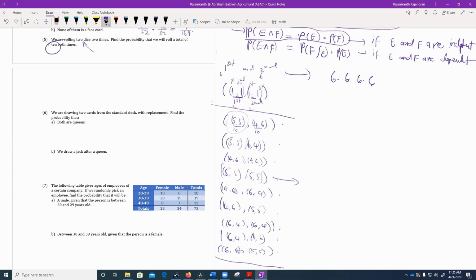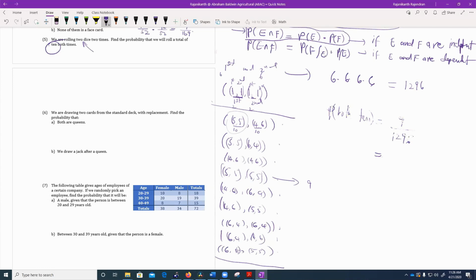But remember, as I said earlier, you will have in total 6 times 6 times 6 times 6, which is 1296 different combinations, right? There are plenty. So I have only 9 outcomes. Therefore, what is my answer? The probability of getting both tens is 9 possibilities out of 1296.